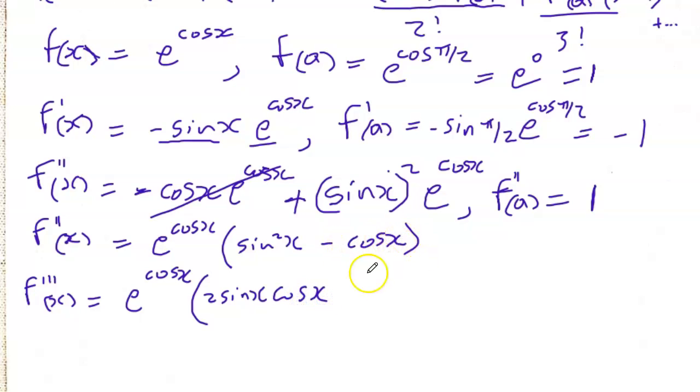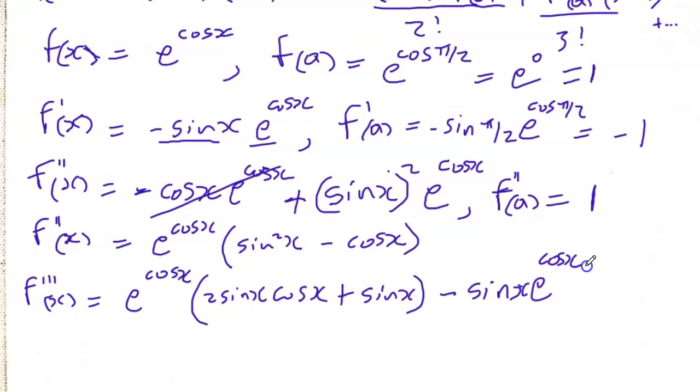Differentiate minus cos x, I get positive sine x. Plus, and now I'm going to differentiate e to the cos x. I'll get minus sine x e to the cos x.